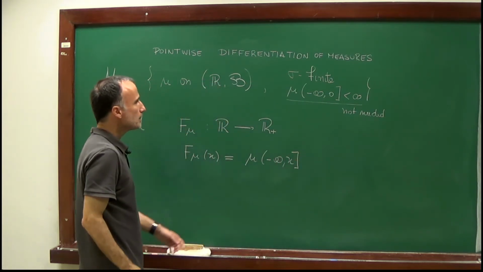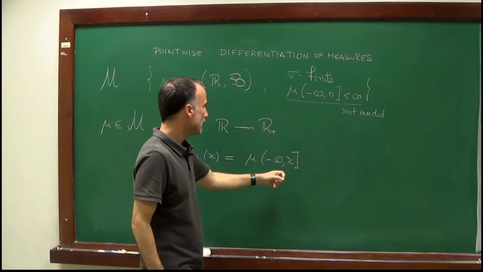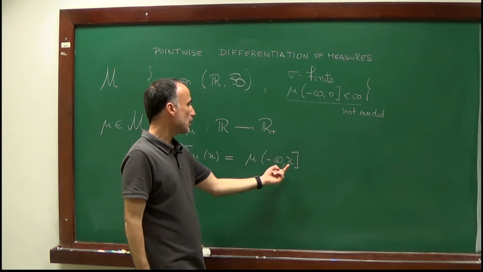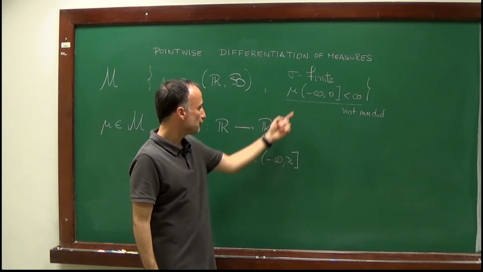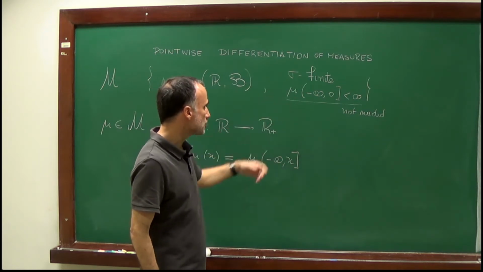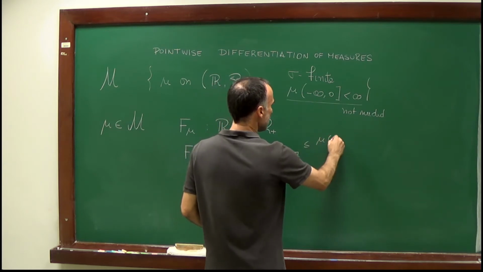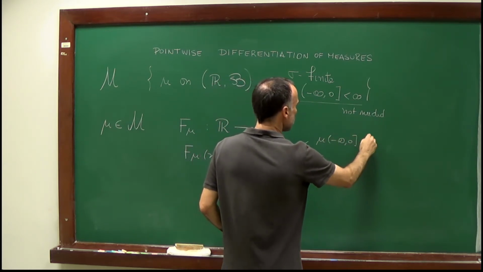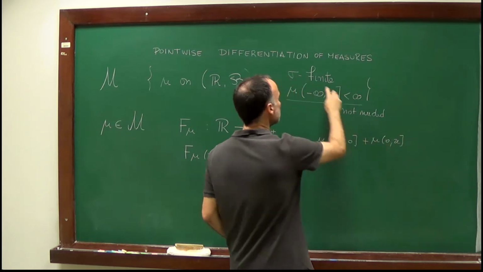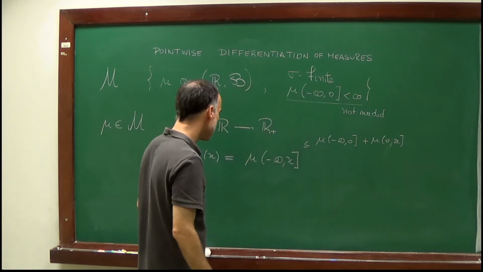Okay. And well, since I'm assuming that mu of minus infinity 0 is finite, you see that mu of minus infinity x is always finite. Well, if x is smaller than 0, then this expression is bounded by that one, which is finite. If x is larger, well, this measure is bounded by mu of minus infinity 0 plus mu of 0 x. This expression is finite because I'm assuming mu to be sigma finite. That one is finite by assumption.